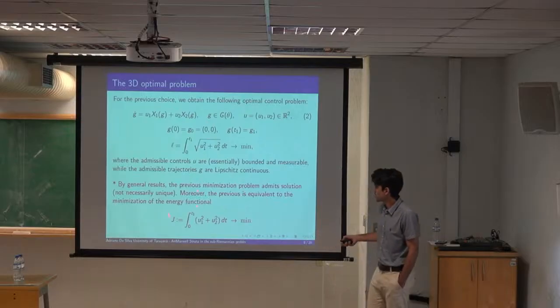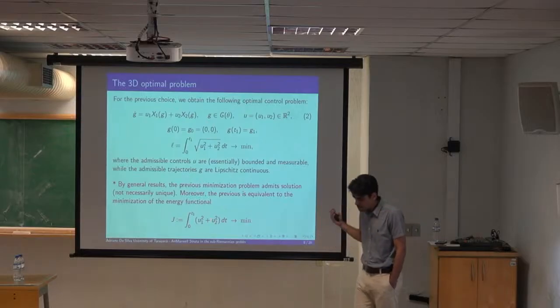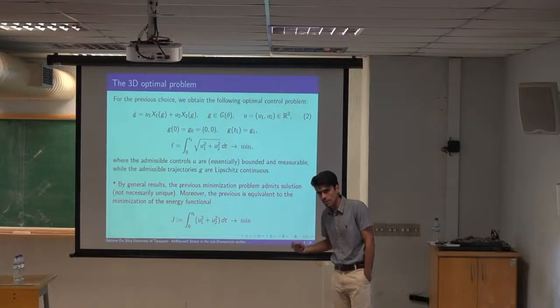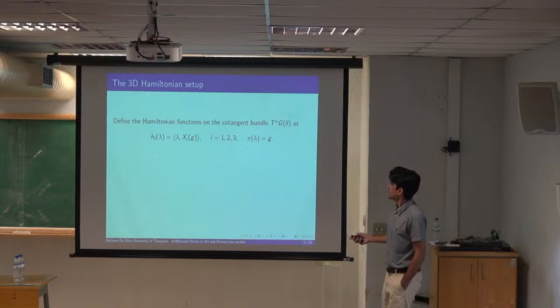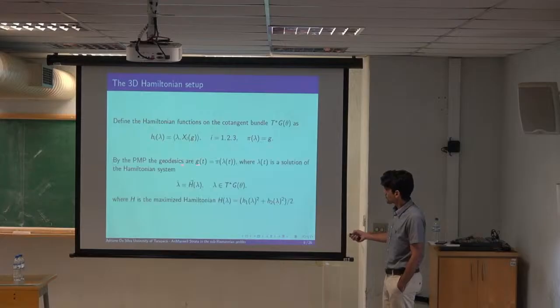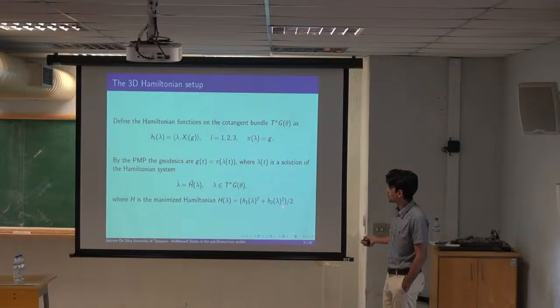This is equivalent to minimizing the energy functional, and that's where the Hamiltonian appears. We can actually calculate the functions A and E explicitly, which lets us obtain the Hamiltonian in this case.